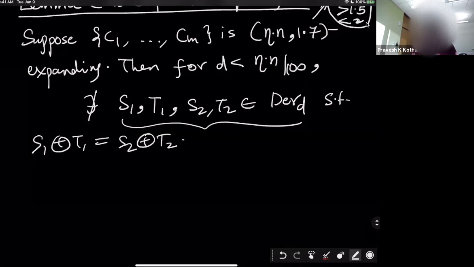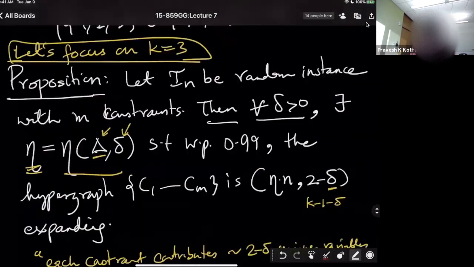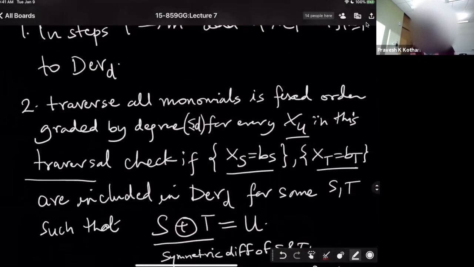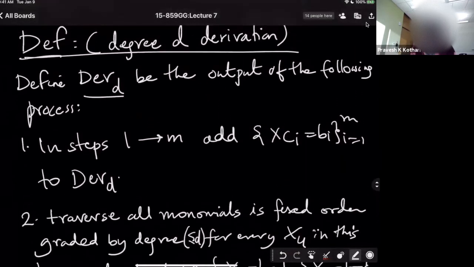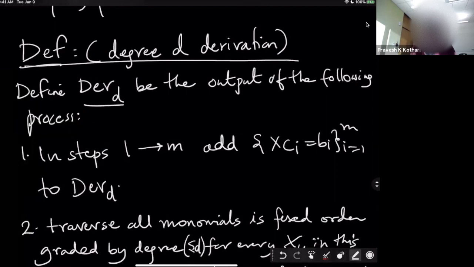So why is that? Let's prove this lemma. One nice way to argue this is to go back and remember something else about our derivations. Remember how we defined this concept of a degree D derivation. We first added all the actual constraints in our instance and the corresponding monomial values to it.